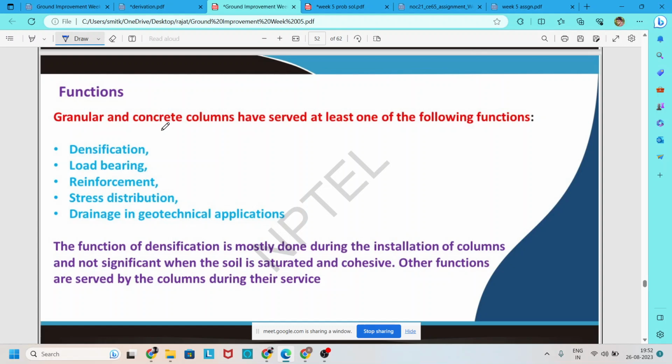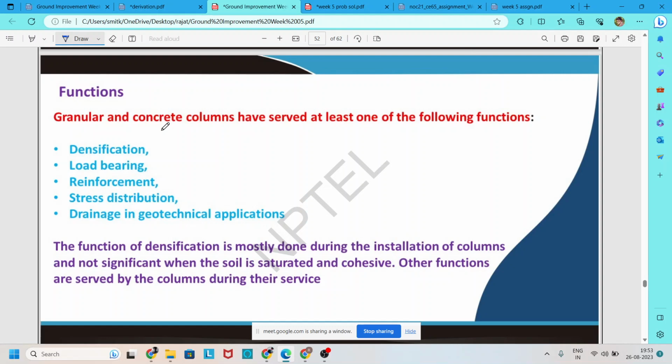Load bearing, in the sense, the surrounding soil is loose or very weak in nature, and this composite column is very strong in nature. So the maximum load is transferred to the bottom of the column by this composite column. Maximum load is transferred by this column only.